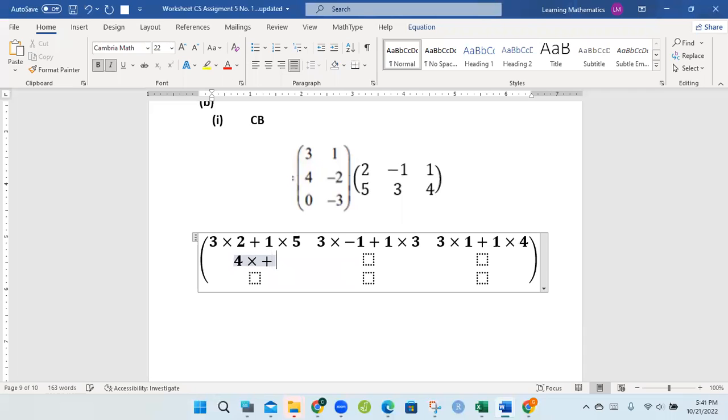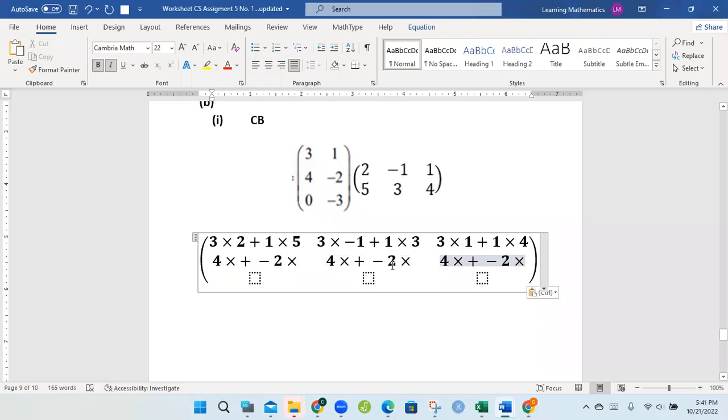So let me just copy this. 4 and -2 have to do with the 2 and 5 here. 4 and the -2 have to do with the -1 and the 3 here. The same 4 and the -2 have to do with the 1 and the 4 here.